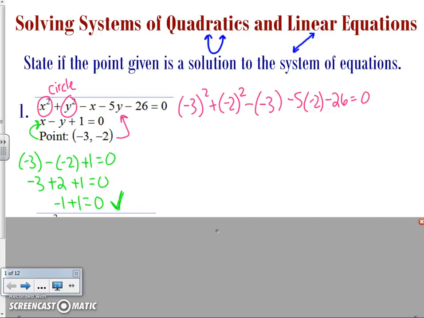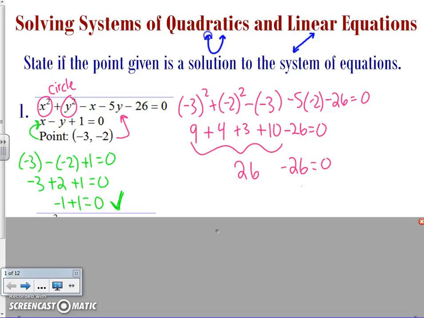All right, -3 squared is 9, -2 squared is 4. Subtracting a -3 is saying adding 3. Then we have a +10, subtract 26. All right, 9 plus 4 is 13, plus 3 is 16, plus 10 gives me a +26. And then when I subtract 26, I get a true statement again.